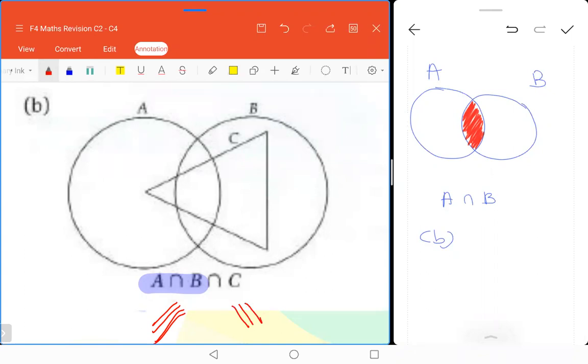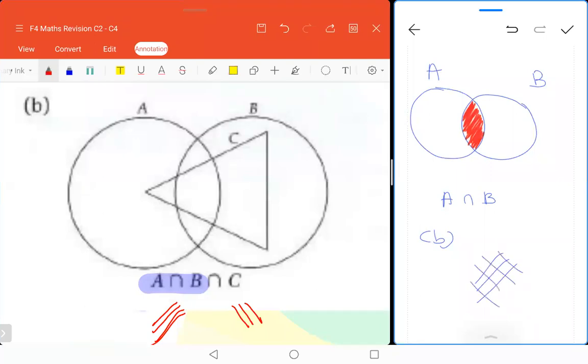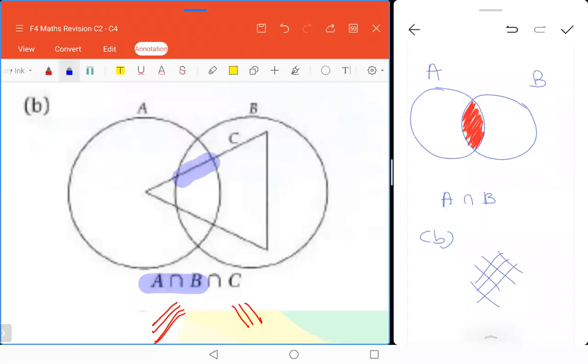And you take only the area with two lines. The other, you erase it. The area with one line, you erase it. Leave the area with two lines. So the answer will be only here.